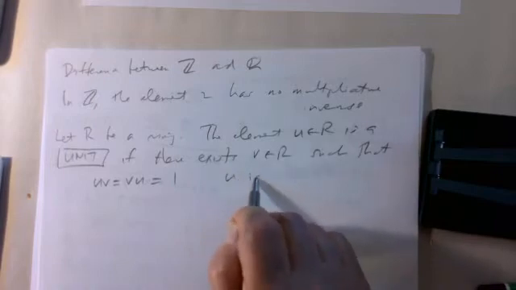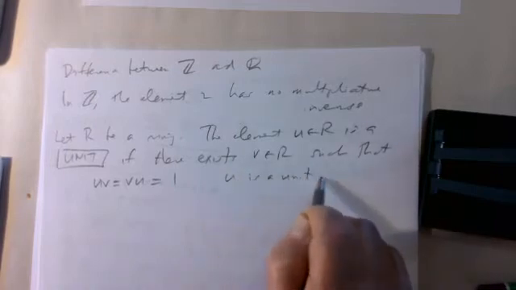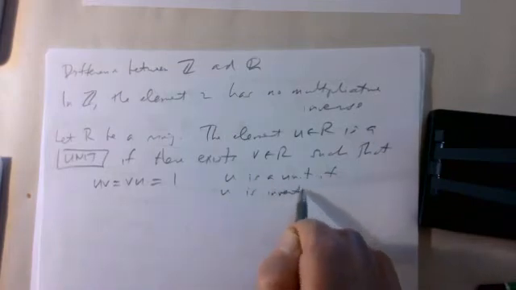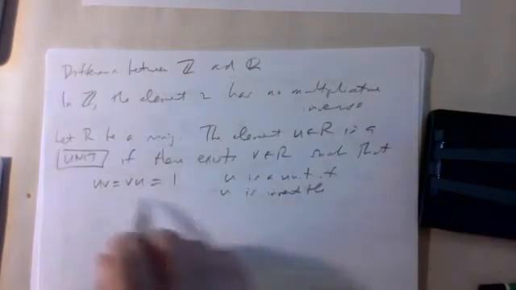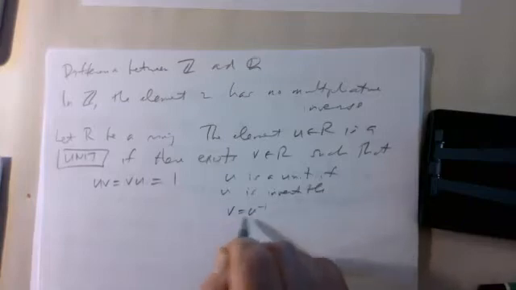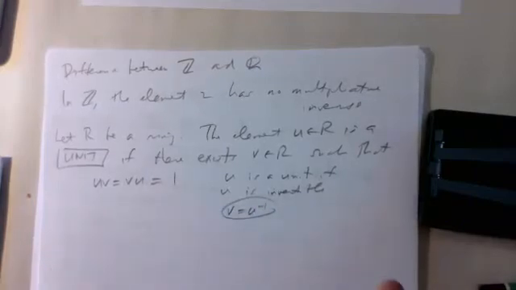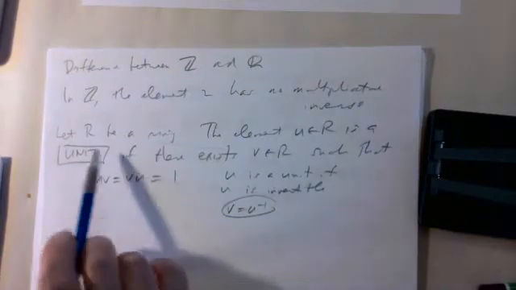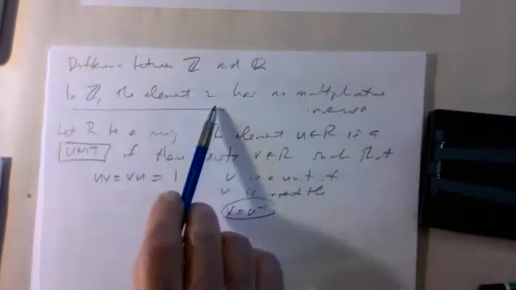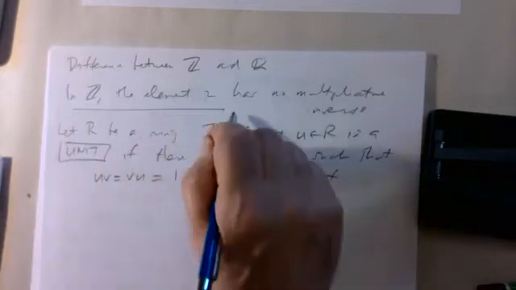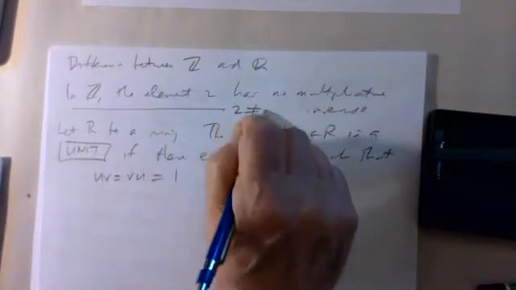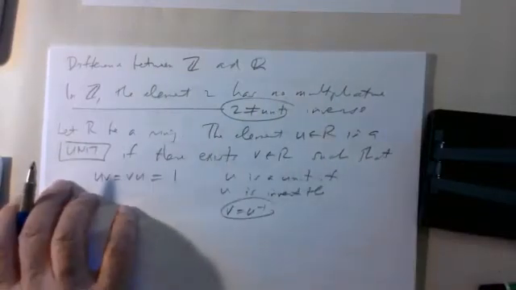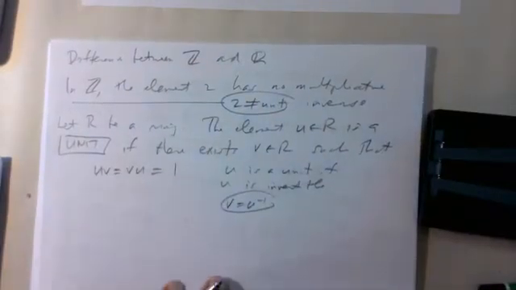So U is a unit if U is invertible, has an inverse. And the V we would write as U inverse. But not every element has an inverse. Not every element is a unit. So in Z, 2 has no multiplicative inverse. 2 is not a unit because there's no integer n such that 2 times n is 1.